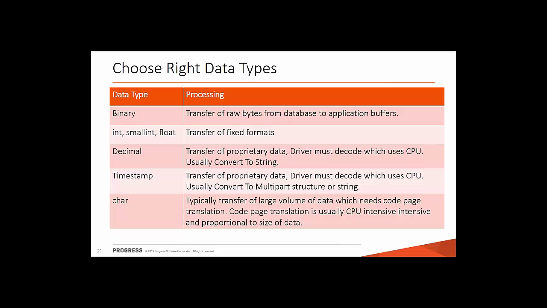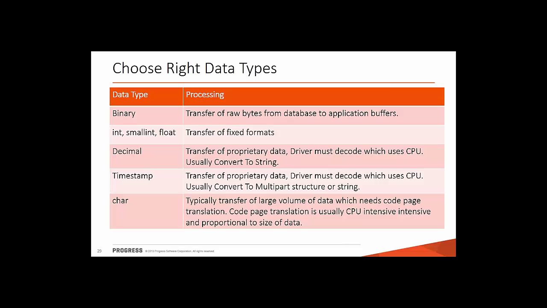Then it comes to the date and timestamp data types. Again, they are stored in some proprietary formats, and your driver needs CPU cycles to decode them. These are similar compared to decimal, but because your timestamp fields have a multi-part structure, they are usually a little heavier than your decimals.